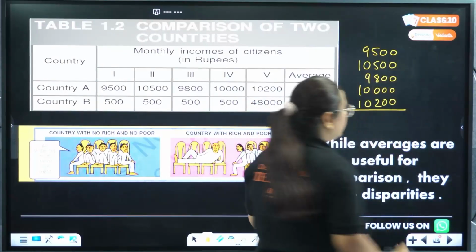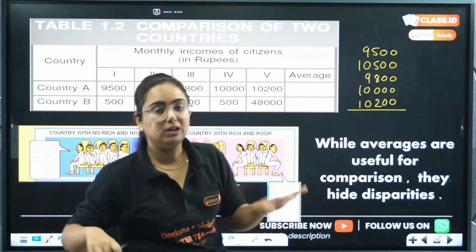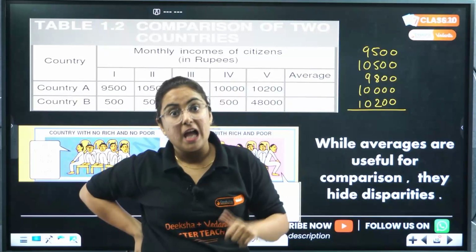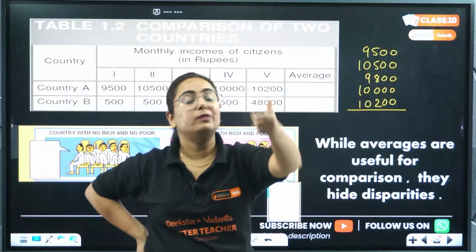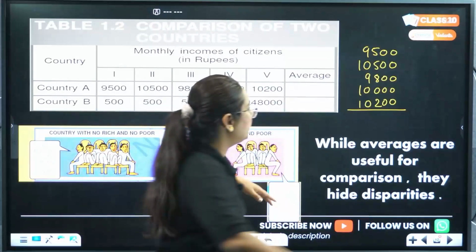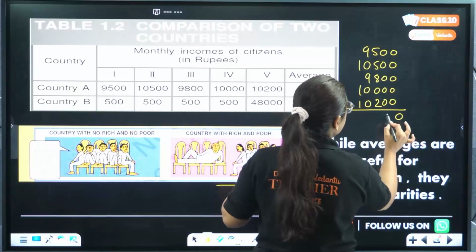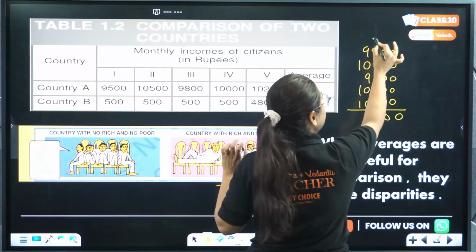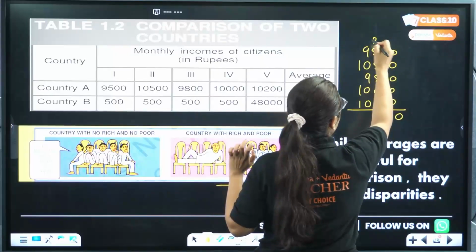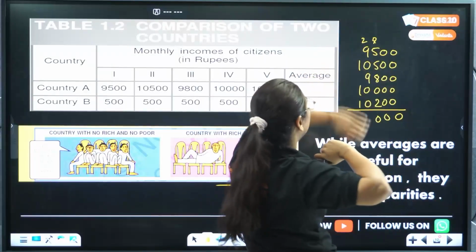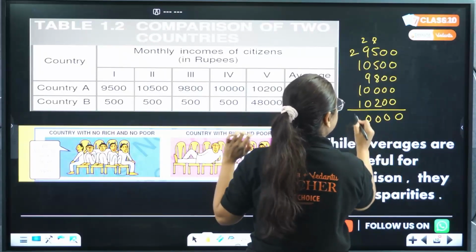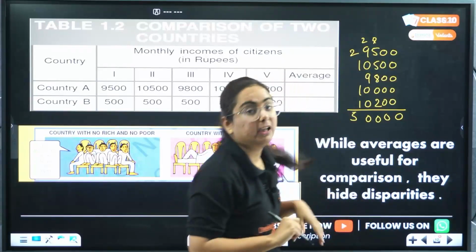So according to the World Development Report, the criteria to compare countries should be average income. To find the average income, first we need to find the total income. Let's calculate. The total is 50,000.